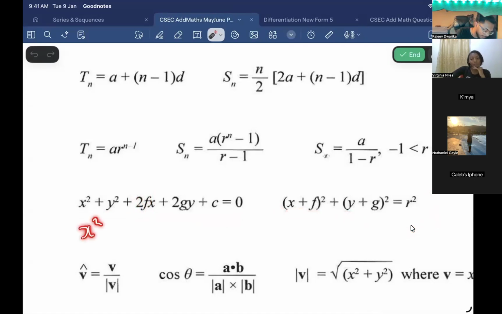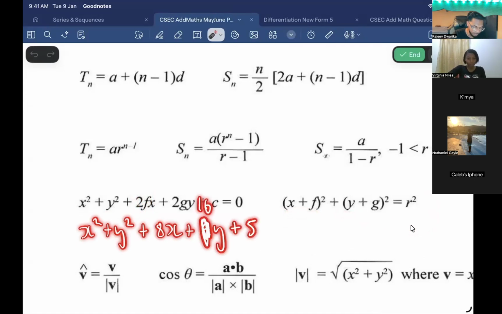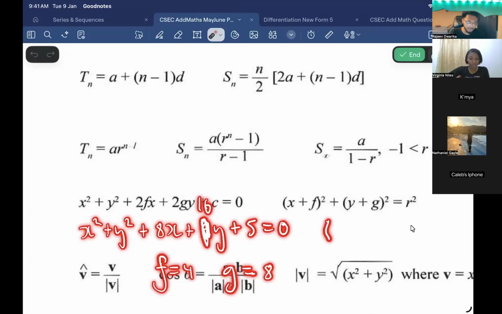Say for instance I was given x squared plus y squared plus 8x plus 16y plus 5 is equal to 0. From that, I could say f is 4, and g is 8. So if I wanted to write the standard form now, that would just be x plus 4 squared plus y plus 8 squared. You see how simple it makes it?